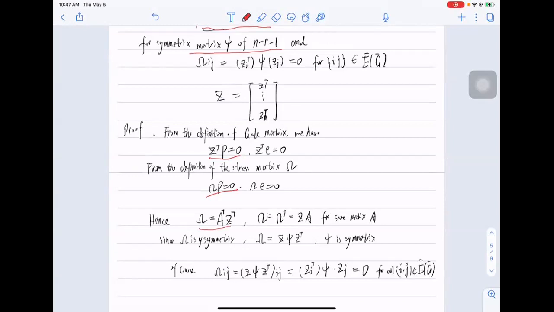Also omega is symmetric, so omega equals omega transpose equals Z times A.